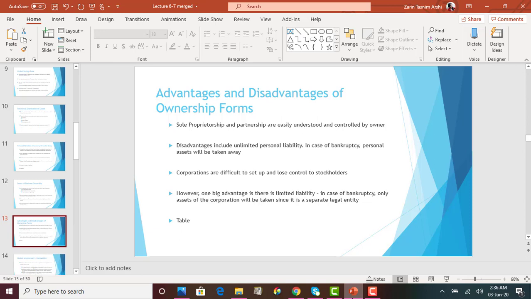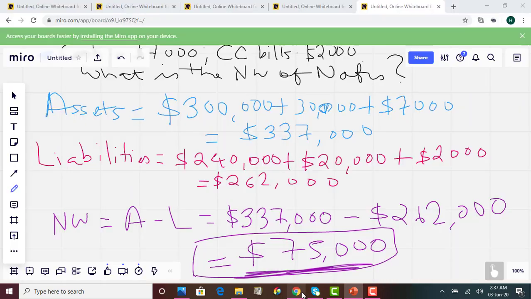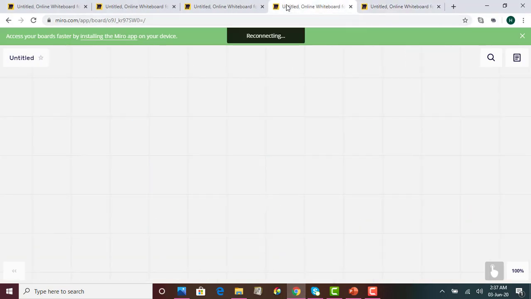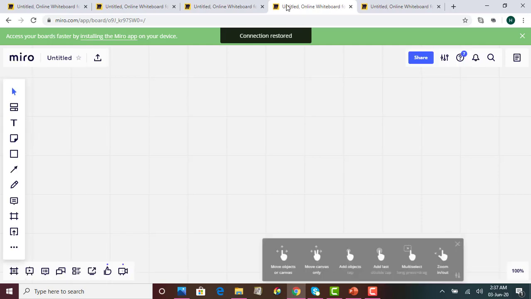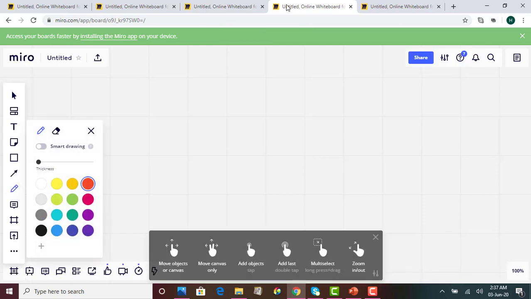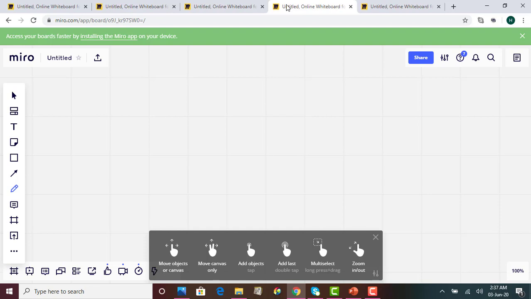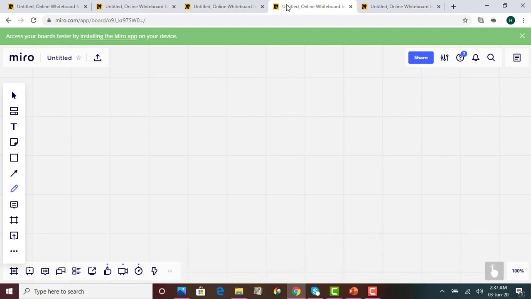So I wanted to do a quick table so I can explain what some of the advantages and disadvantages of these types of businesses are. This table is also in your book, but it's easier and will help you understand each of these structures. Okay, so let's say we have the three structures. First one is called sole proprietor.